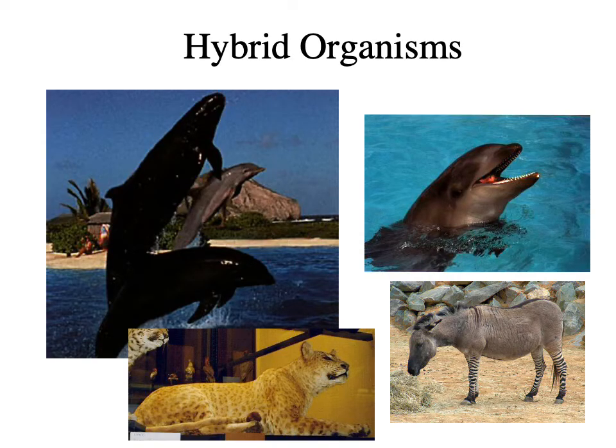When we think about classification, it can be a little bit mixed up when two species interbreed. Like when a whale breeds with a dolphin and makes a wholphin, when a tiger breeds with a lion and makes a liger, or a zony, which is a zebra mixed with a horse. So there are hybrid organisms out there.